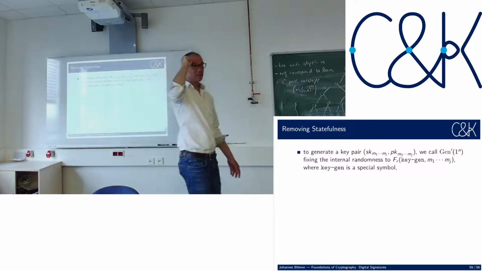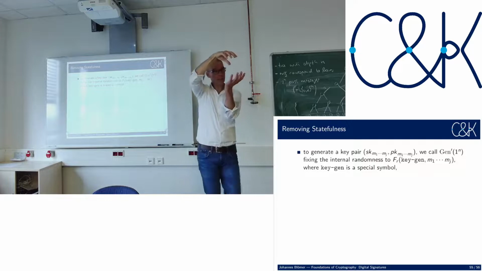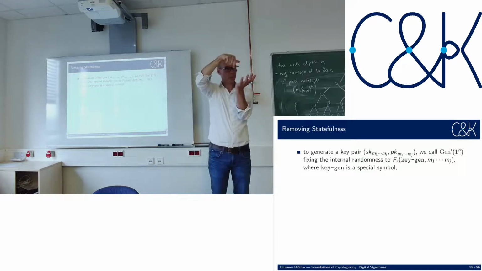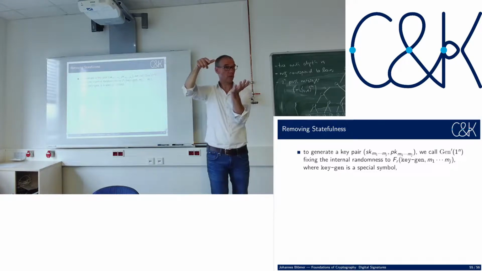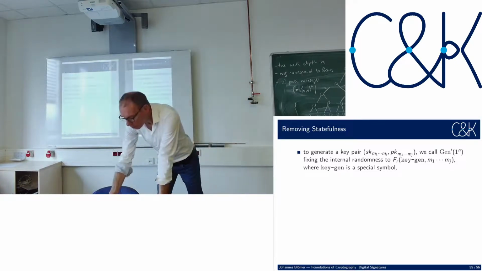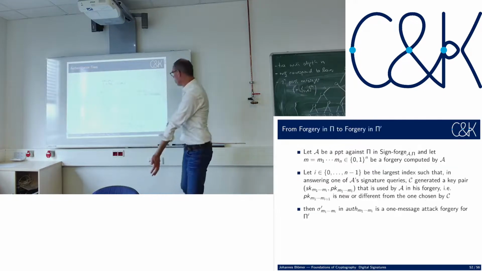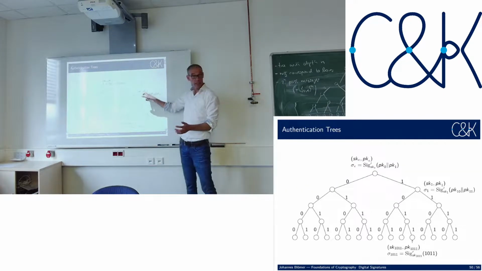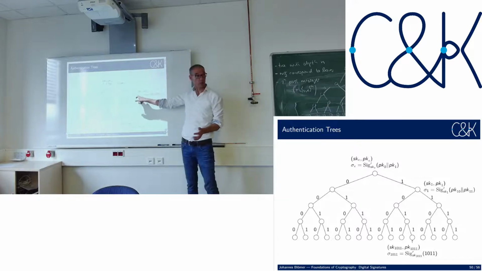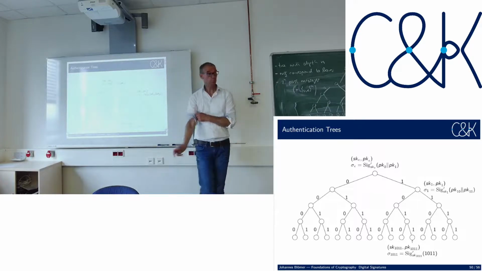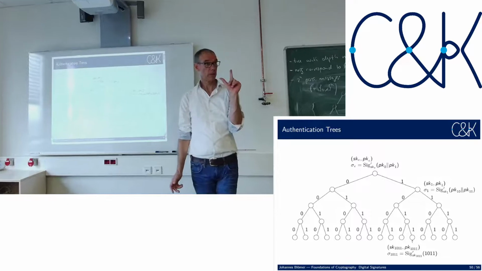Because at each node, we need randomness to compute the keys and to compute the signatures, in case we use a randomized, probabilistic signature algorithm. In each node, you generate a key pair and a signature, and both may use randomness.